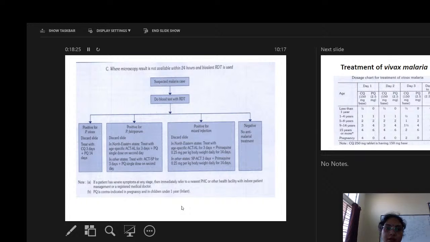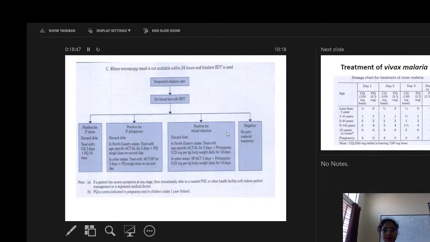Next, where microscopy result is not available within 24 hours and bivalent RDT is used: after suspecting a malaria case, we do a blood test with RDT. If you get positive for Vivax, just discard the slide and treat as a Vivax case. If it is falciparum, discard the slide and treat as falciparum.